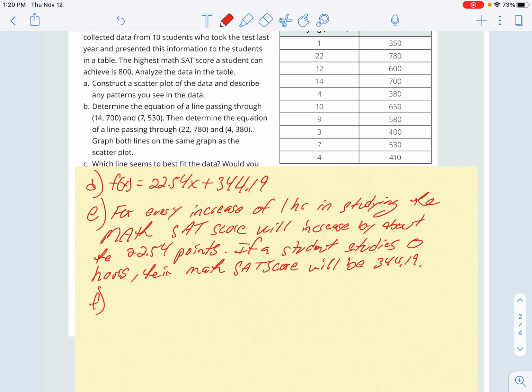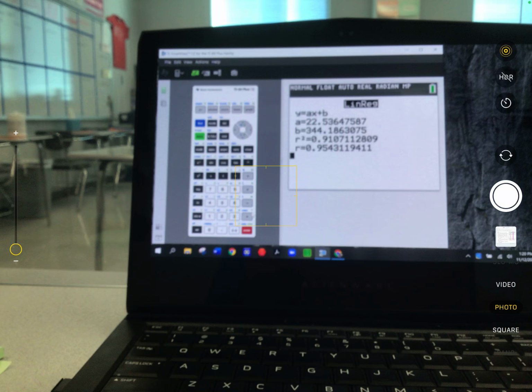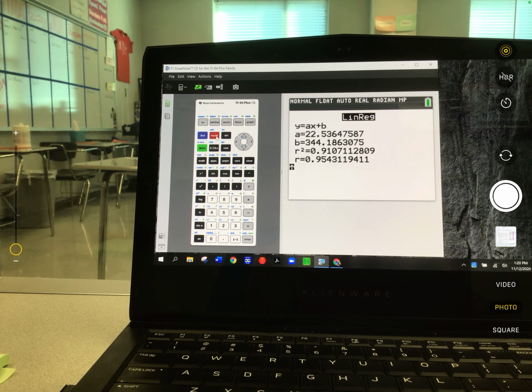Letter F, use the regression line to predict the math SAT score for a student who studied 17 hours. So what we're going to do is take the equation we have, 22.54x plus 344.19. Second, quit to go to the calculator.